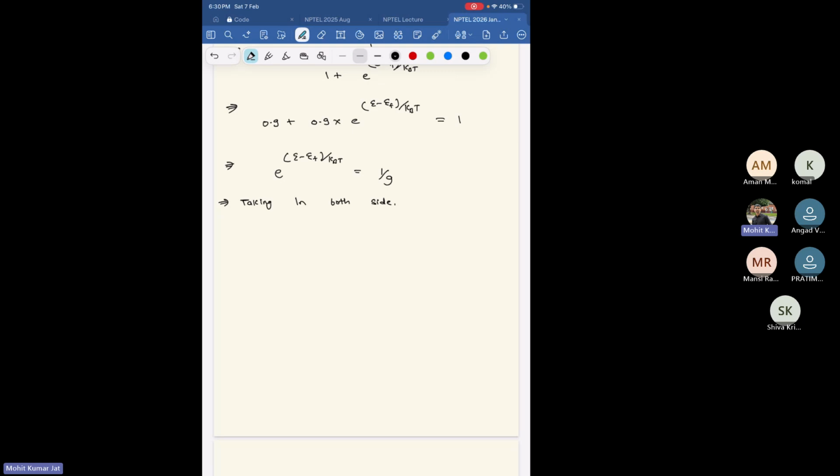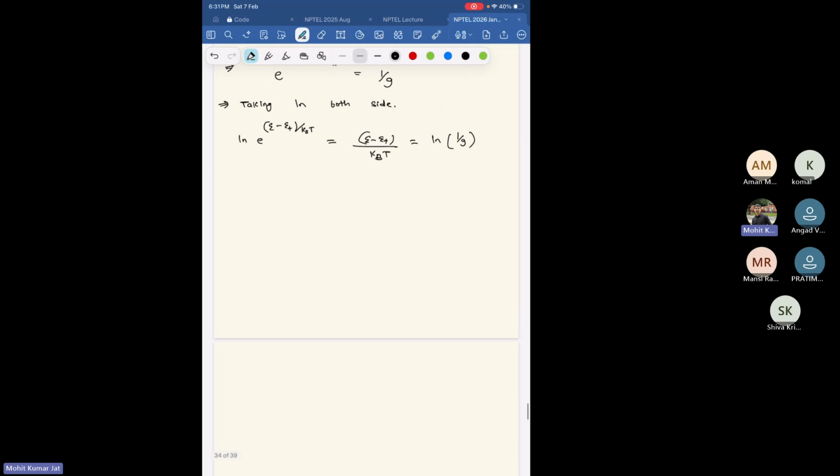If you take ln base e, the part on the exponent will come down. So if you take ln of exponential of (E minus EF) by kBT, this will essentially be (E minus EF) by kBT equals ln 1 by 9.